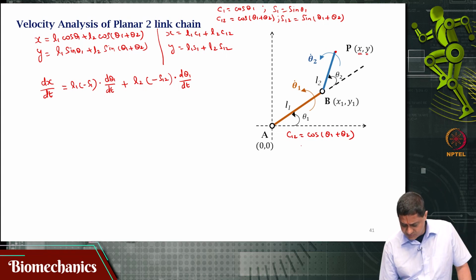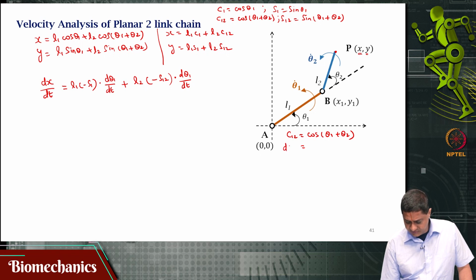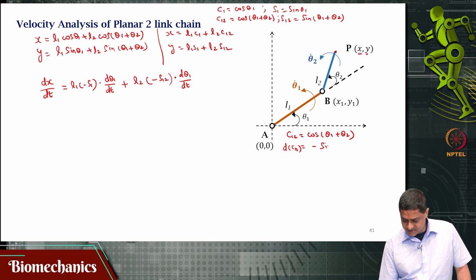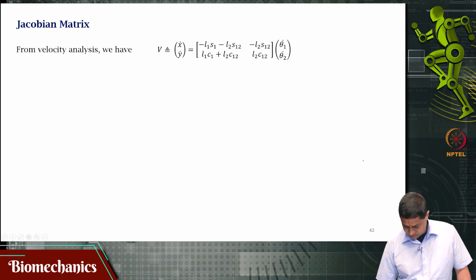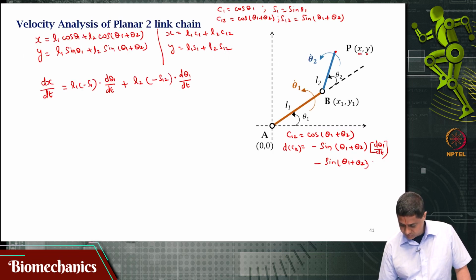What would I get? Differentiation of this would give me minus sine of theta 1 plus theta 2 times theta 1 dot, that is d theta 1 by dt, minus sine of theta 1 plus theta 2 times d theta 2 by dt.